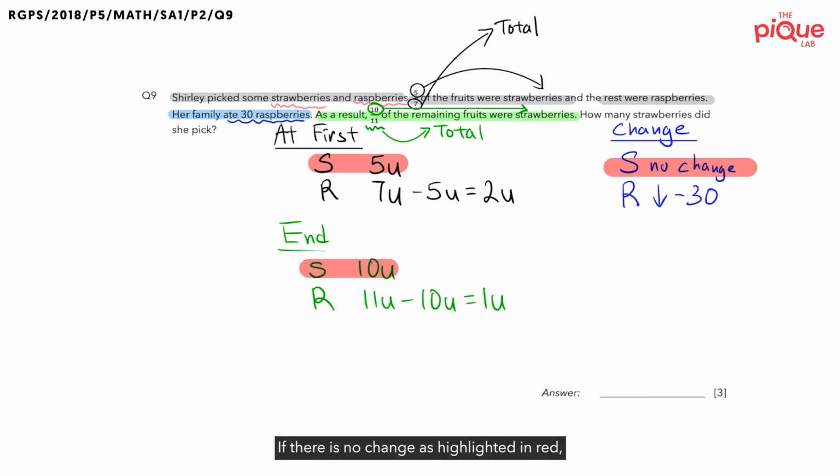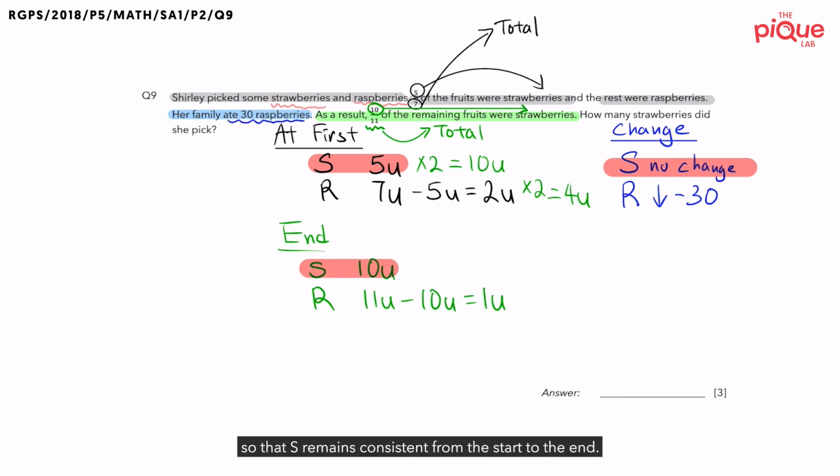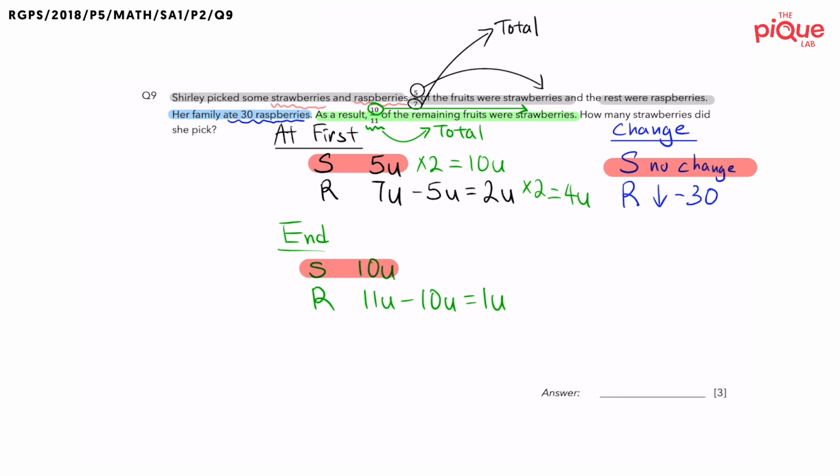If there is no change as highlighted in red, the 5 units at the start should equate to the 10 units at the end. So how can we make them the same? In order to get from 5 units to 10 units, I will take 5 times 2 to get 10. So this means every unit at first must be multiplied by 2 so that S remains consistent from the start to the end. With the new units in place, let's examine R.